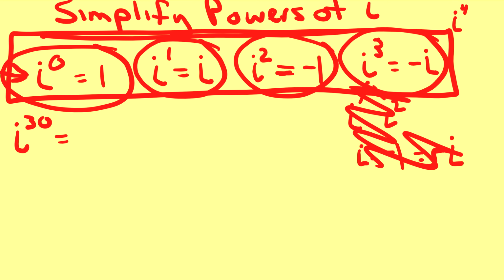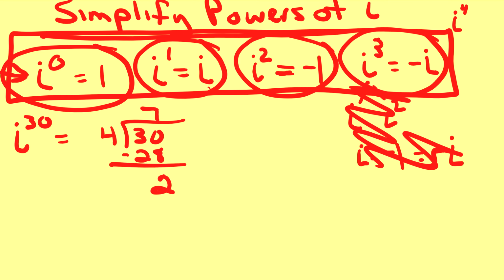So what I can do is take that number 4, because there are these 4 components, and divide it into the exponent of 30. 4 divided into 30 goes in 7 times. 7 times 4 is 28, and then I've got a remainder of 2. This is what I'm interested in now: the remainder, not the quotient.